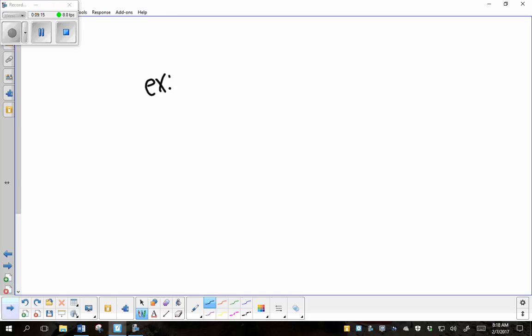So we are going to factor x to the 6 minus 64. So first I check for, can I factor something out of everything? No, can't take anything out. So then we want to look for how many terms. It has 2 terms. I'm looking at my chart that we first wrote down. And if it has 2 terms, the first thing I want to look for is, can I write that as a difference of squares?